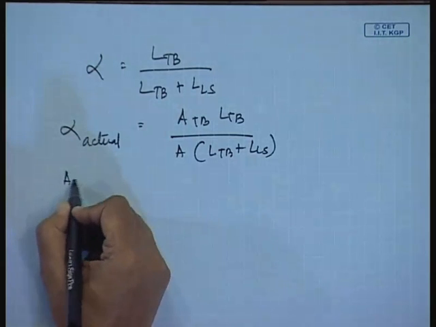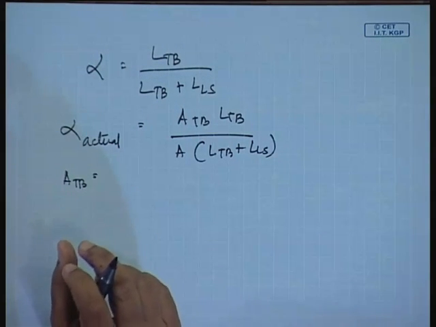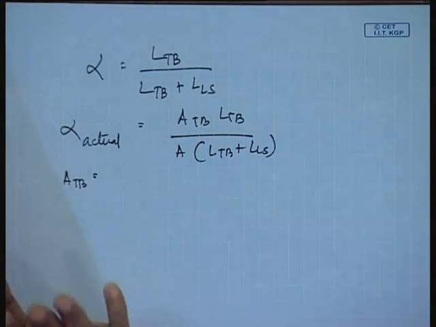What is A_TB? Suppose the liquid film is of a constant thickness delta. One thing I assume that for long Taylor bubbles, it is much easier to assume that the nose region is negligible as compared to the tail region, isn't it? So, one thing we can very safely assume that the liquid film flows as a constant thickness film, as a free falling film which attains a terminal velocity at a particular fixed thickness.